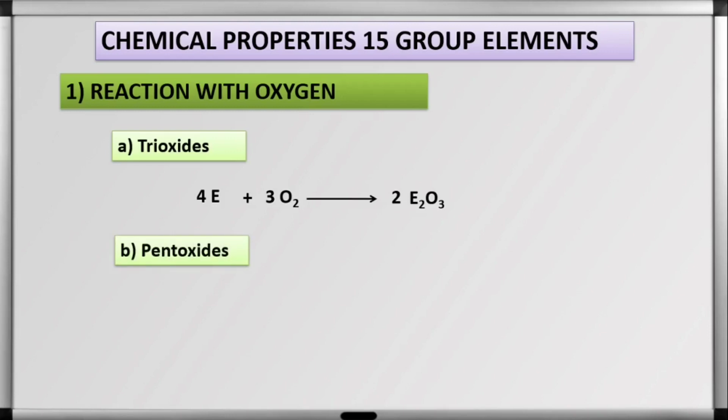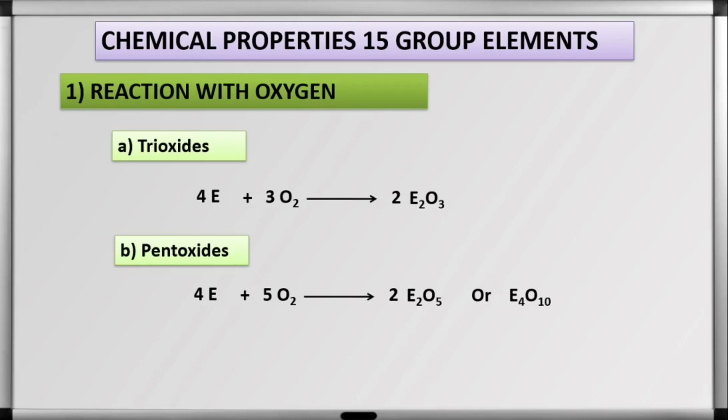Now the pentoxide. There are 4E, where E means any element from group 15, phosphorus, nitrogen, so we can take any kind of element, plus 5O2, it gives twice E2O5 or E4O10.